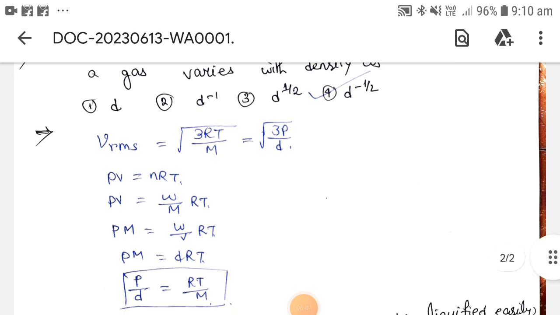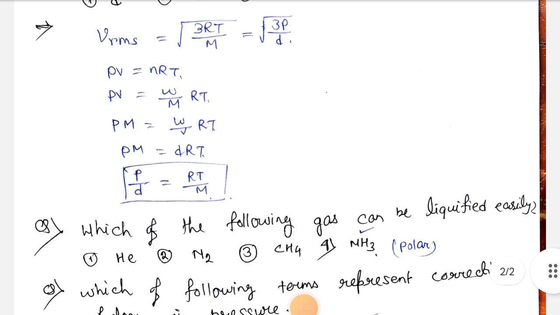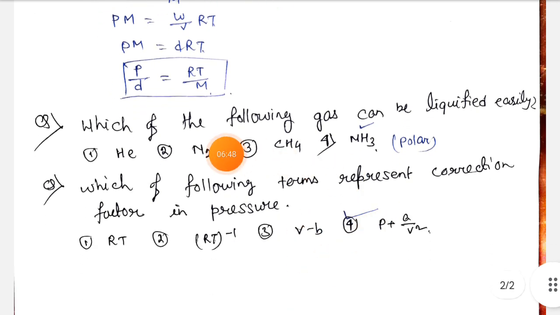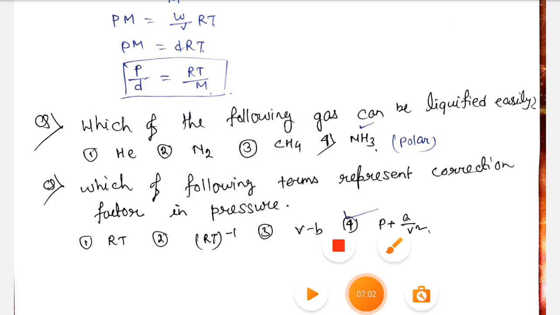Next question: which of the following gases can be liquefied easily? In the previous video I discussed the liquefaction conditions, for polar molecules and for non-polar molecules.